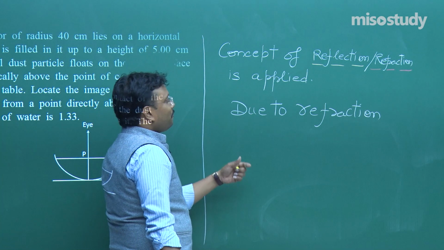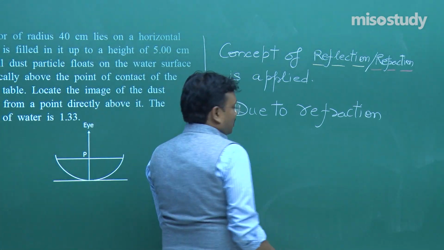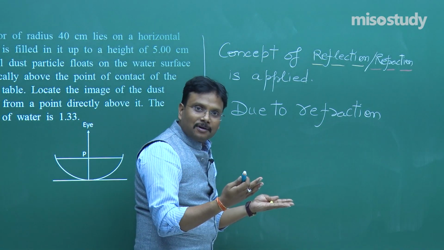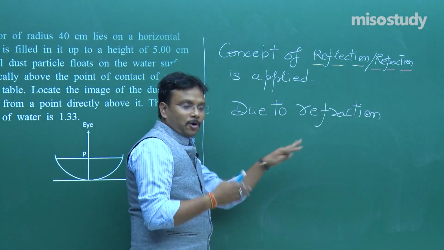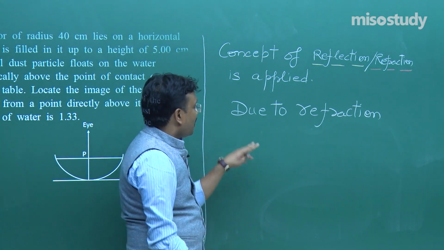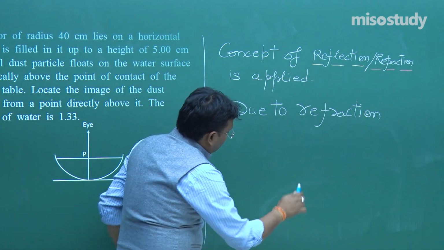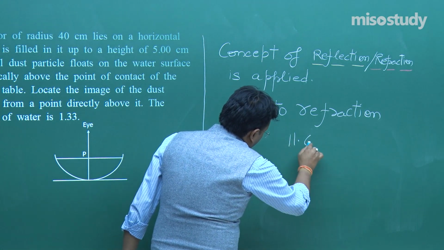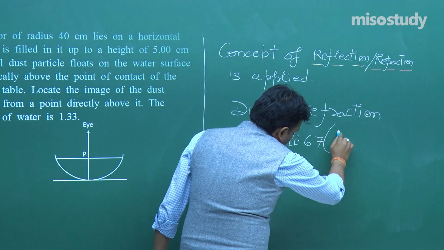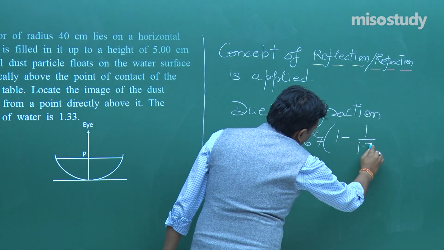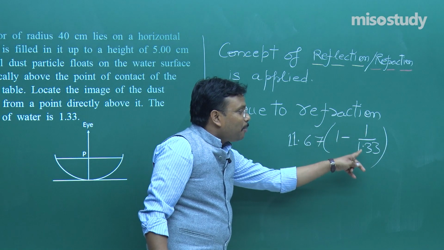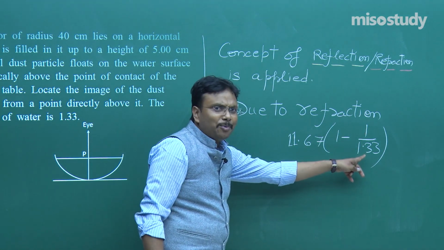See, after watching these questions, the best approach is to stop the video, try yourself, then run the video, because I am there always, and then check your approach. Fine, that is the best way. So due to refraction, 11.67, simply using that concept, is equal to 1 minus 1.33. I have not mentioned 1 minus 1 upon mu, I am directly putting the values.